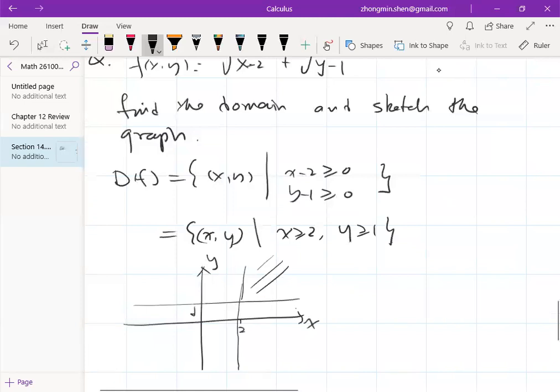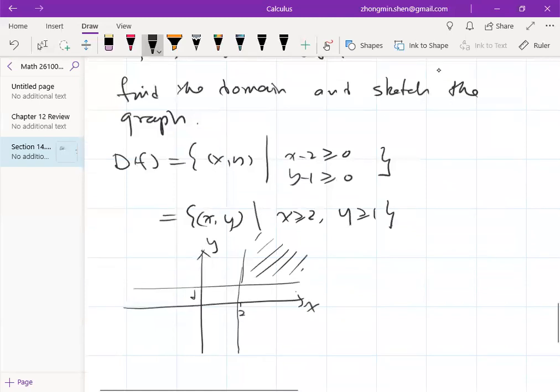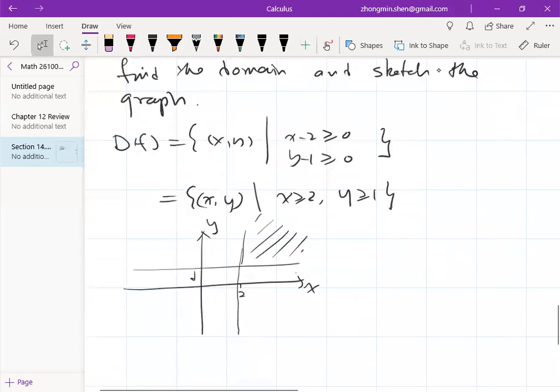So every point here, the function is defined in this domain. Every point in this region, y is greater than or equal to 1 and x is greater than or equal to 2, including the boundary of this domain. The boundary consists of 2 lines, perpendicular to each other.